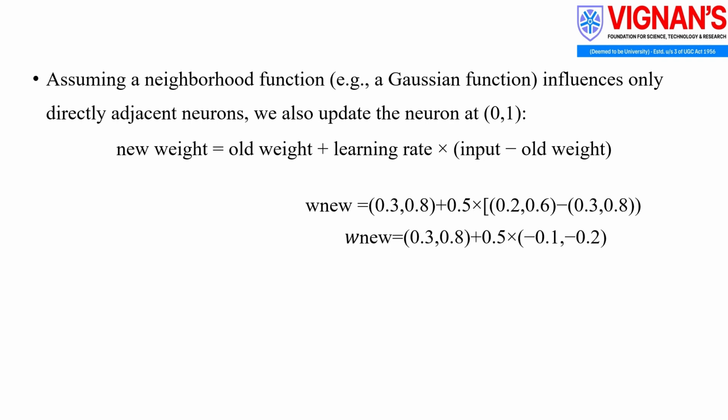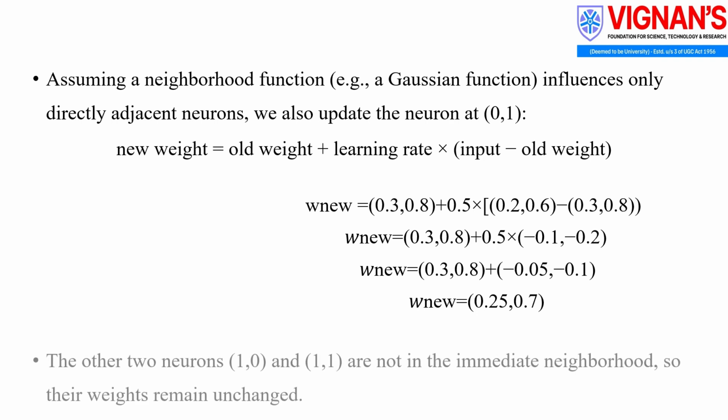We apply the same weight update rule: new weight equals old weight plus learning rate times (input minus old weight). For the neuron at (0, 1), old weight is (0.3, 0.8), input vector is (0.2, 0.6), and learning rate is 0.5.